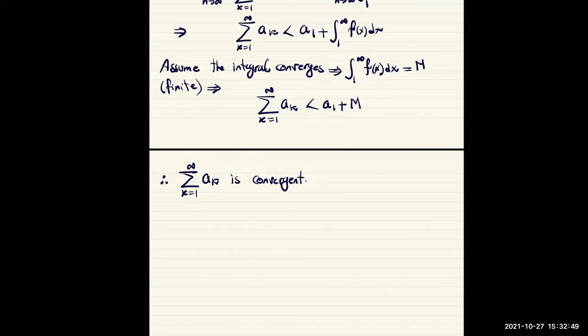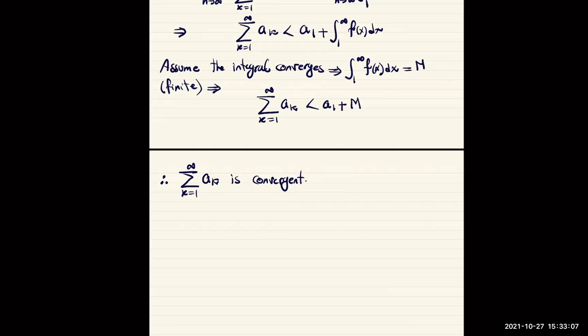Oh Ahmed, guys, look at what Ahmed is saying. Ahmed is asking, does this basically say the series approaches a1 plus m? No. We don't know what the series approaches.